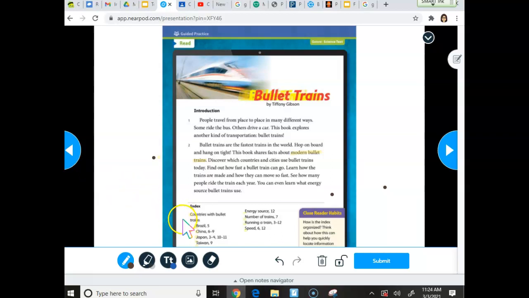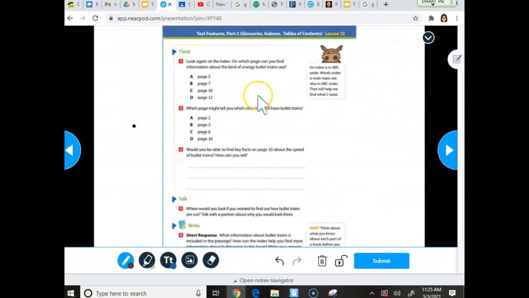We have countries with bullet trains, energy source, number of trains, running a train, speed. All right, energy source. So you're going to look at the number and circle your answer.